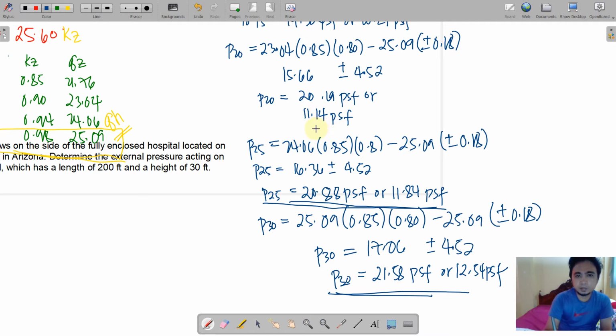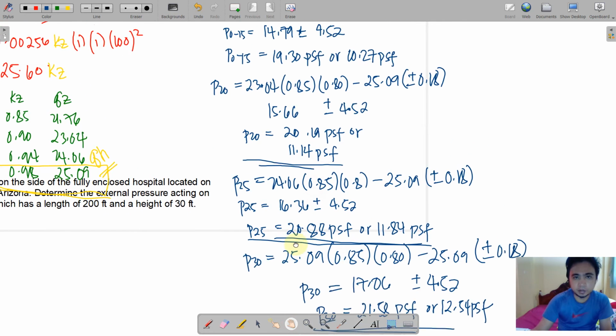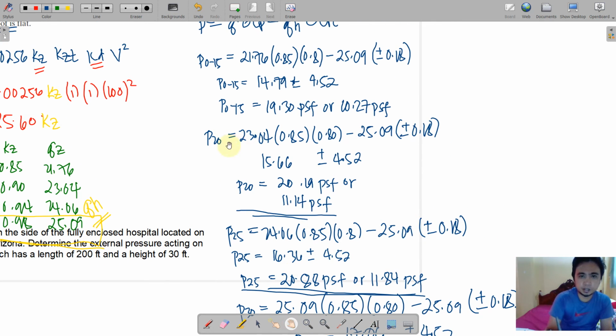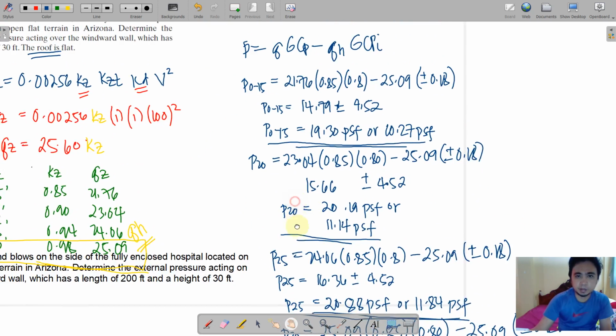For the 20 feet height, this is the windward pressure, and for the first 15, this is the windward pressure. Okay, so those are the answers for the first problem on this.